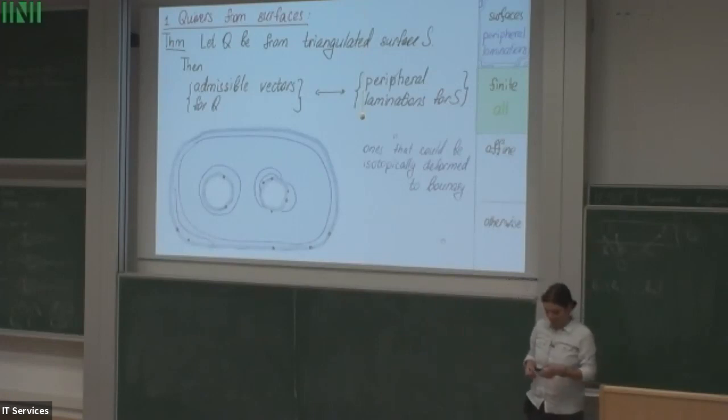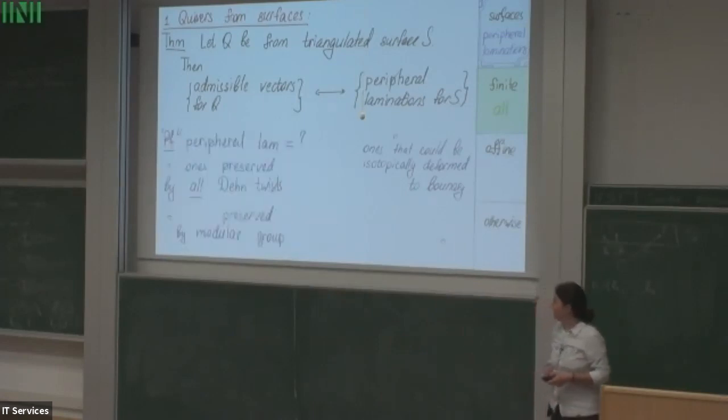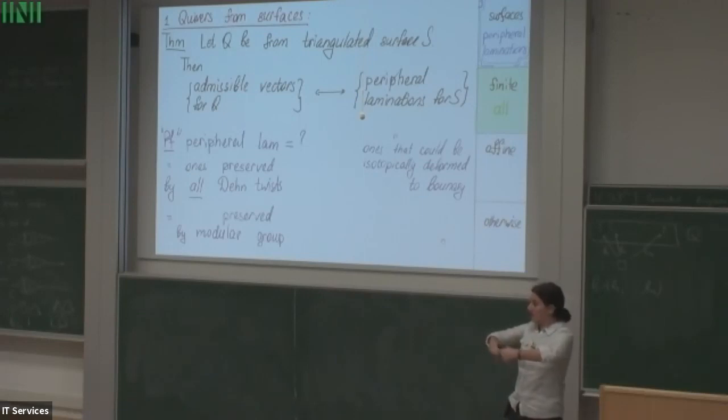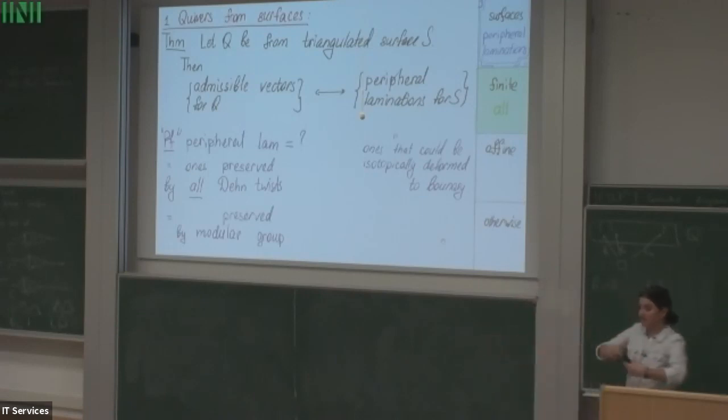Now, maybe briefly, why do I claim this? So what are these peripheral laminations at all? The peripheral laminations are exactly the ones which are preserved by all Dehn twists. Luckily we already explained what Dehn twists are, and if I do a Dehn twist, I change my triangulation in a controllable way, and I keep the lamination intact.